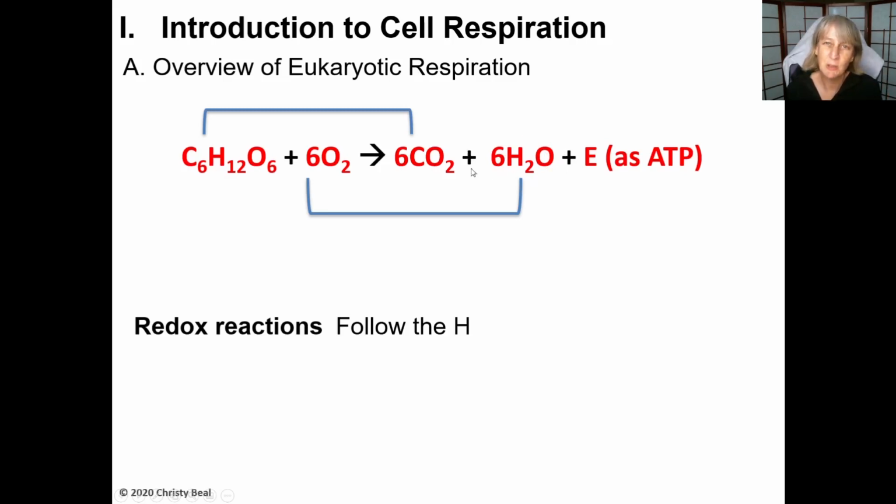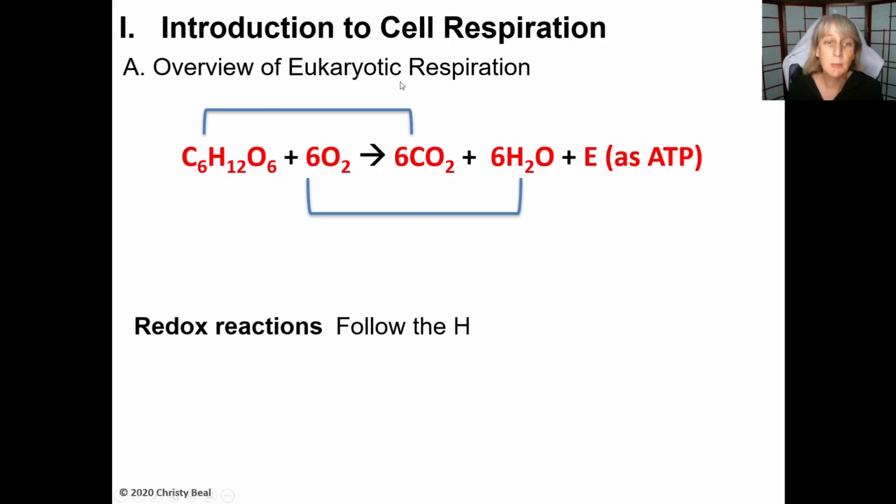This is not enough to make you live, but it's water that's given off as a byproduct. And a lot of energy. This energy is going to be ATP. That's our adenosine triphosphate. We're going to build them as a process of breaking down sugar. This is a bunch of redox reactions that end in a way for us to phosphorylate.